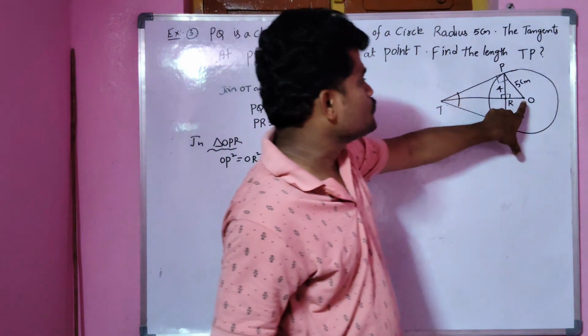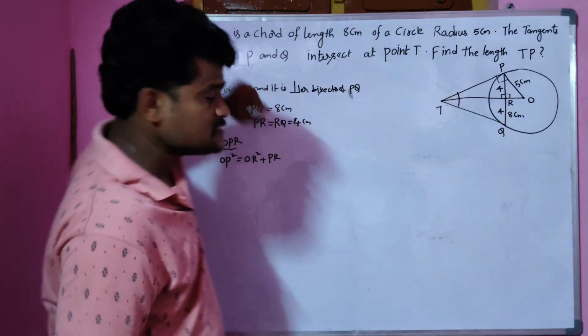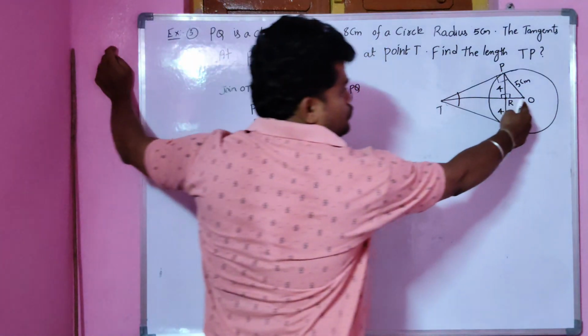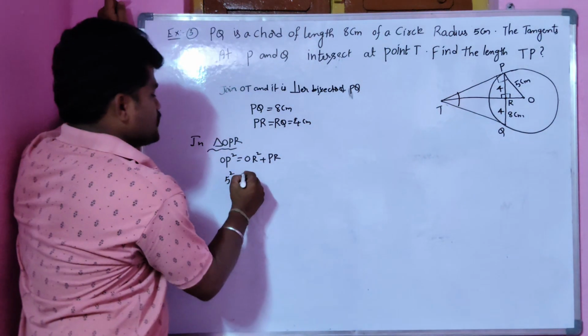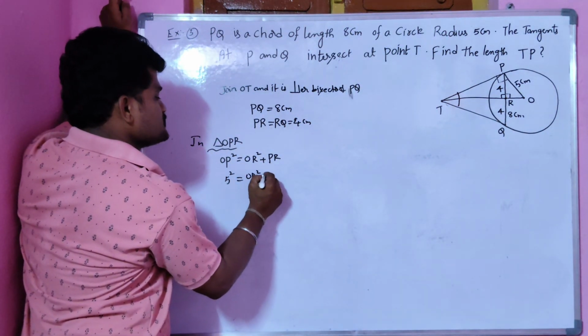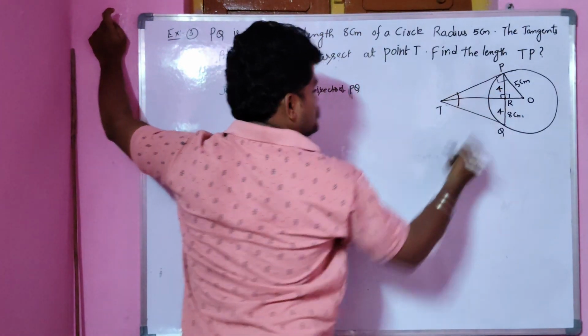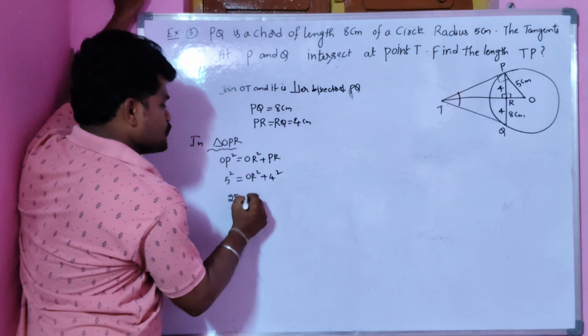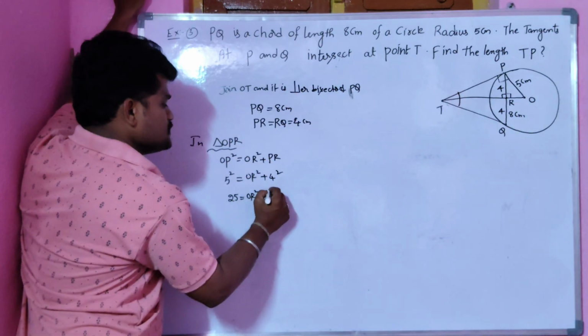Then we have the value OP is 5 centimeters. That means 5 square is equal to OR, which we don't know, so I'll write OR square plus PR, which is 4 centimeters, so 4 square. 5 square means 25 is equal to OR square plus 16.